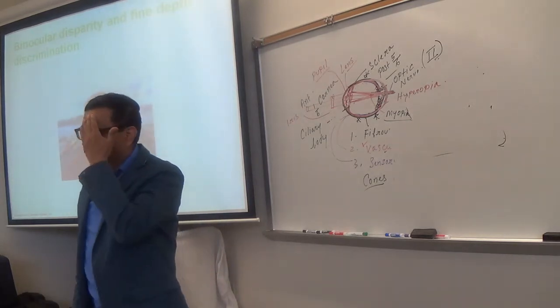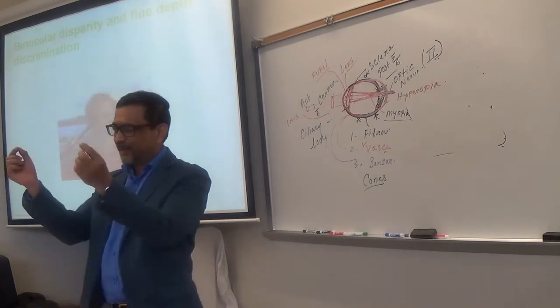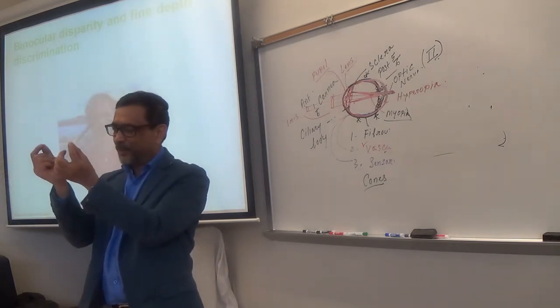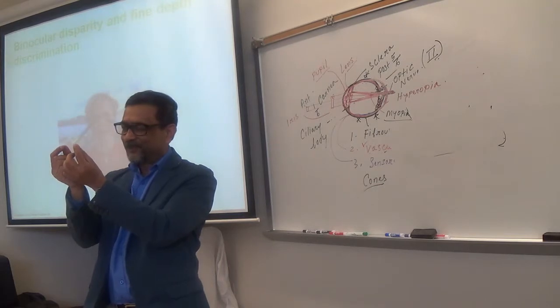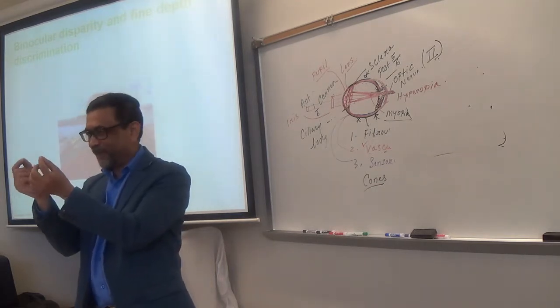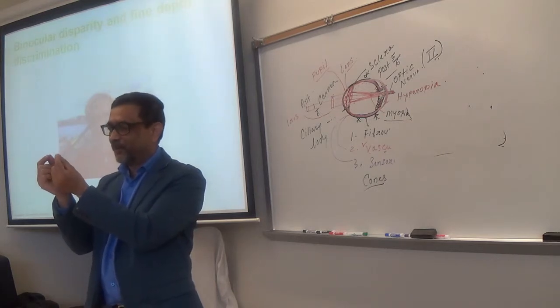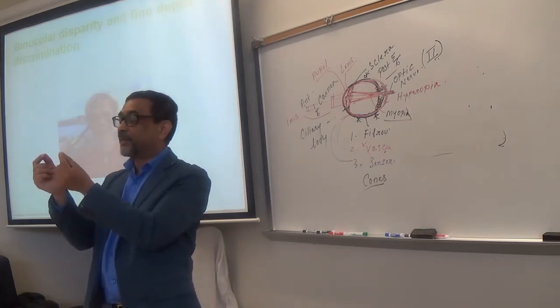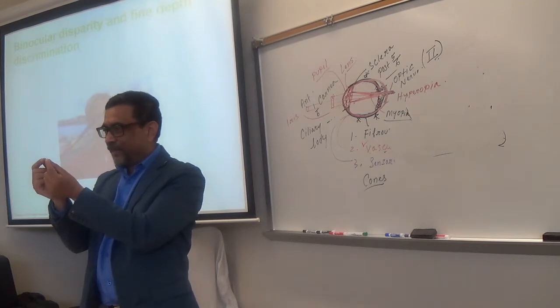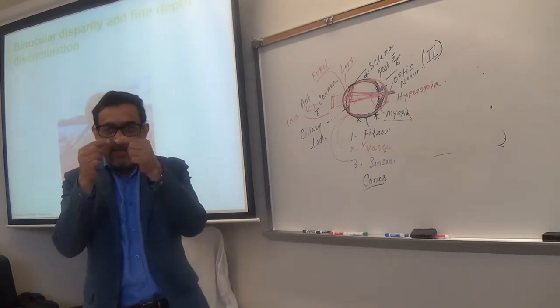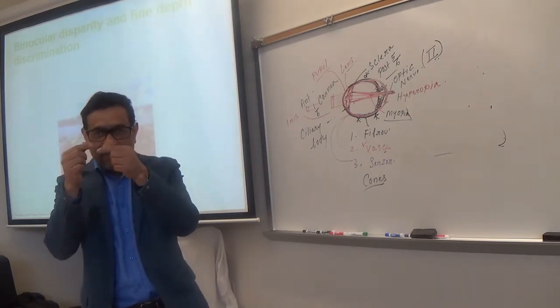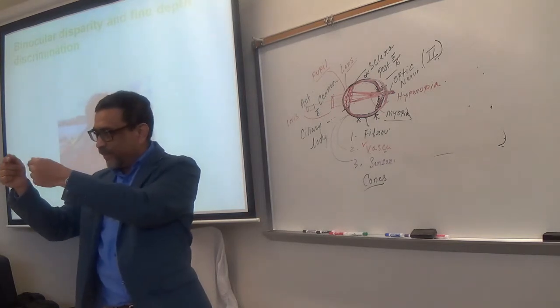If I ask you to close one eye and thread the needle, can you do that? You can try, but it would be very difficult. It will be very difficult with one eye. When two eyes are open, you can easily do it, right? So that tells you that for fine depth perception, you need both eyes.